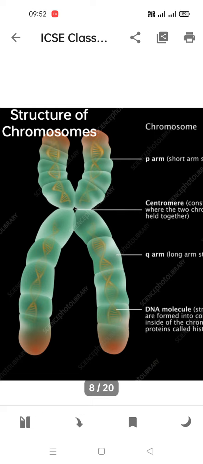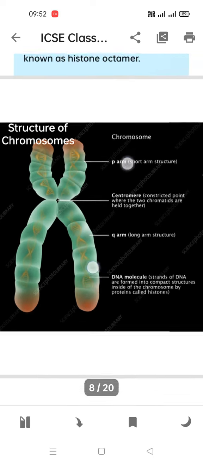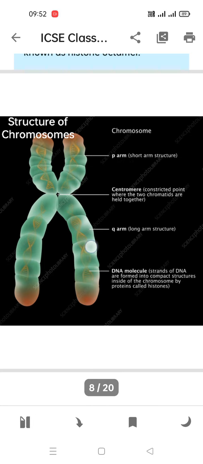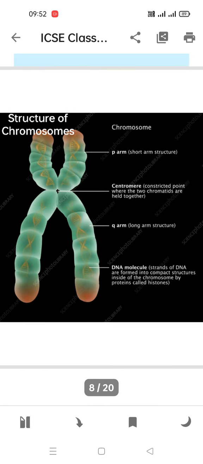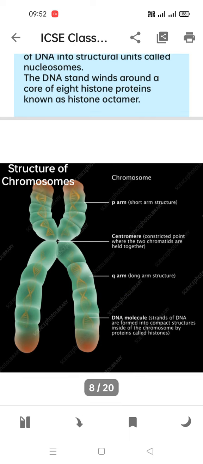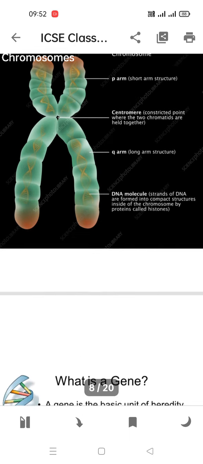I can say there are uncountable chromosomes inside the nucleus. They are very small, very tiny. I hope this is also clear to you.